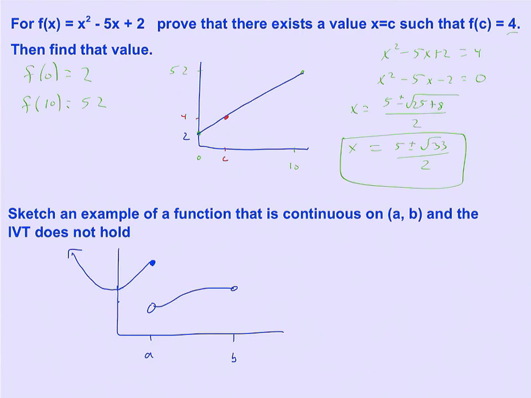Notice how that does not meet our hypothesis for the theorem, because f of a is up here, f of b is down here. Still didn't draw that very well. Let me move this down a little bit.